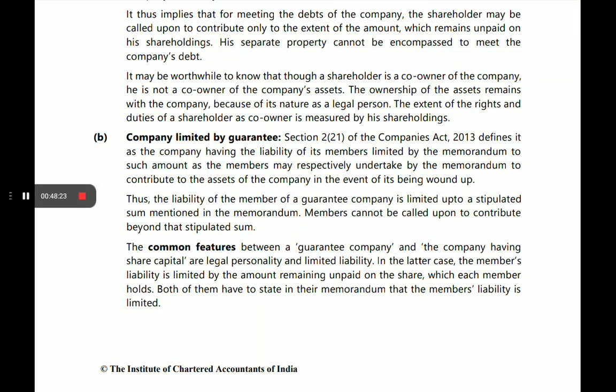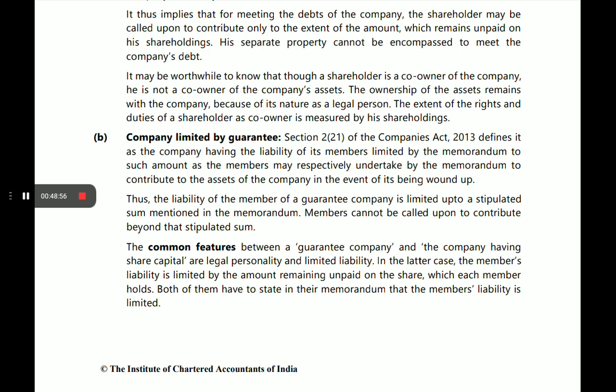Company limited by guarantee. Section 2, subsection 21 of the Companies Act 2013 defines it as the company having the liability of its members limited by the memorandum to such amount as the members may respectively undertake by the memorandum to contribute to the assets of the company in the event of its being wound up.